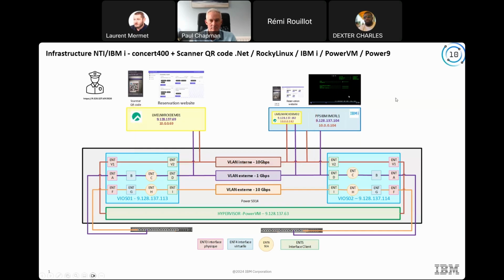The IBM i partition responds to the first container, the website, to check if it's okay. If the customer wants to go into the concert with the same ticket and we make another control, IBM i can check in real time if the ticket is already used and send information to the website to say no, it's not possible.